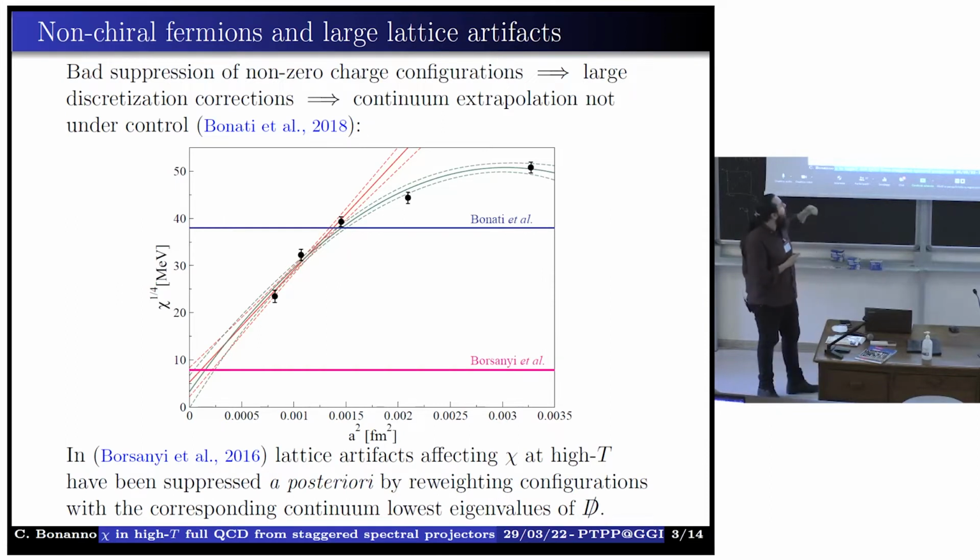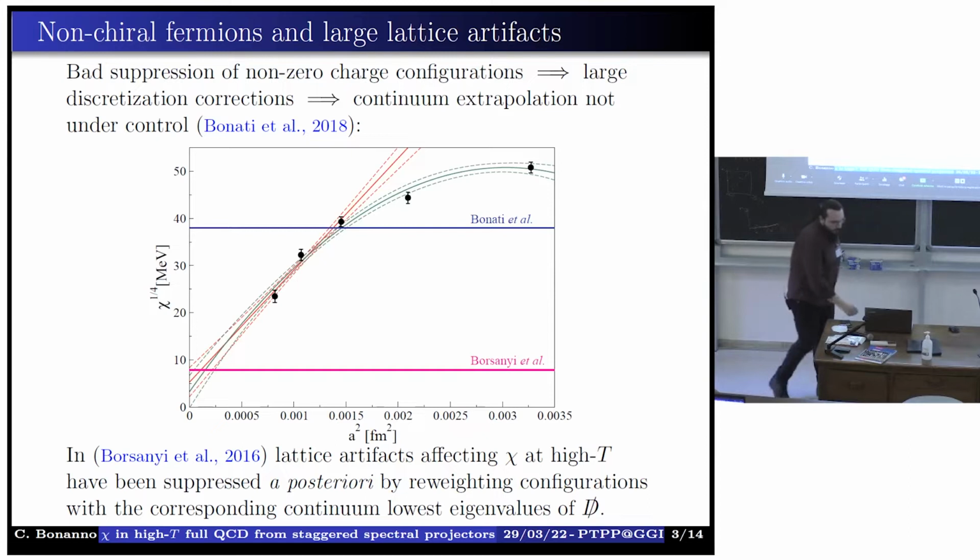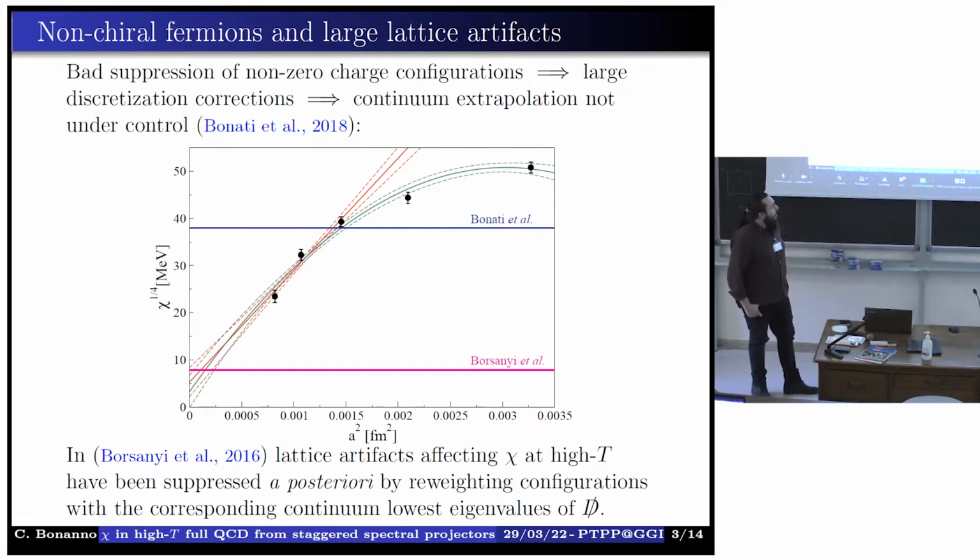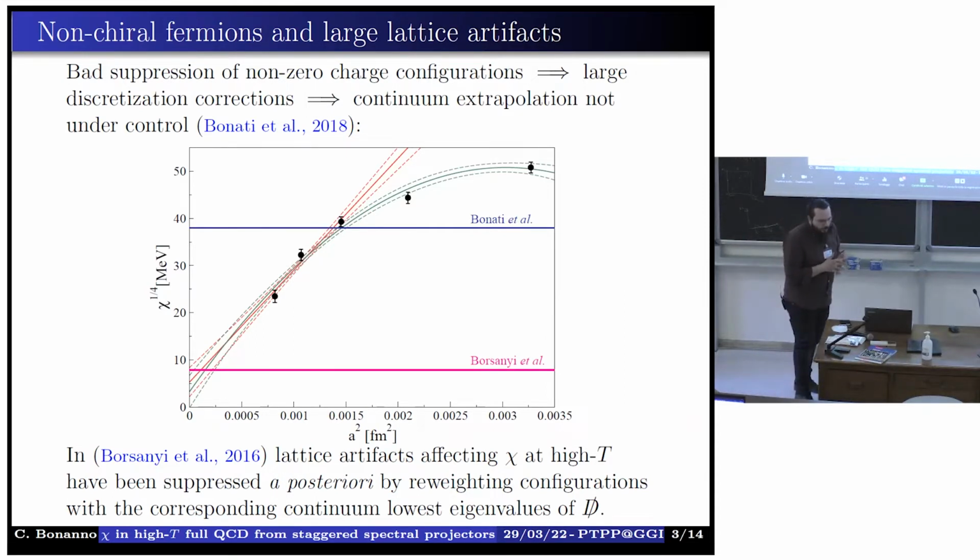This is, for example, a plot taken from this work for 170 MeV, so above the critical transition. And as you can see, there are large systematics affecting the continuum extrapolation of chi towards the continuum limit. In the end, we have essentially 100% error on the extrapolation.